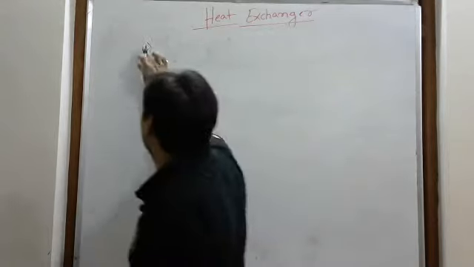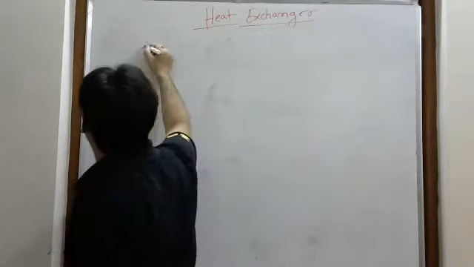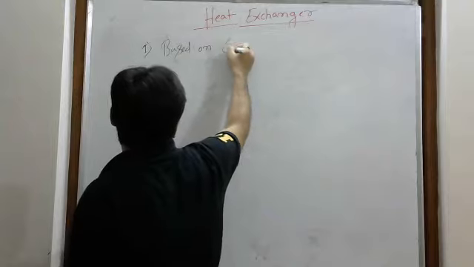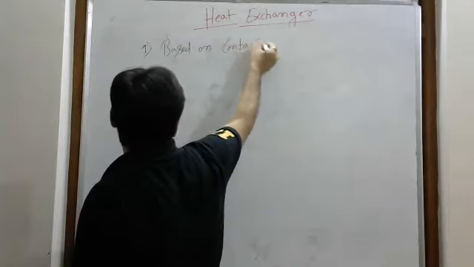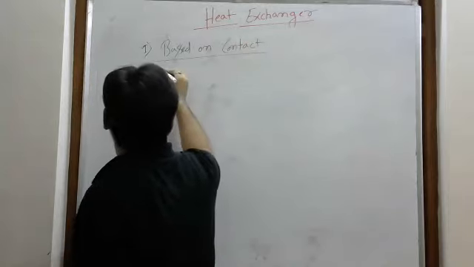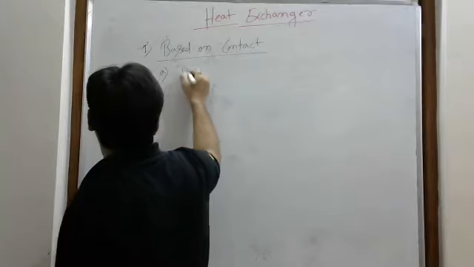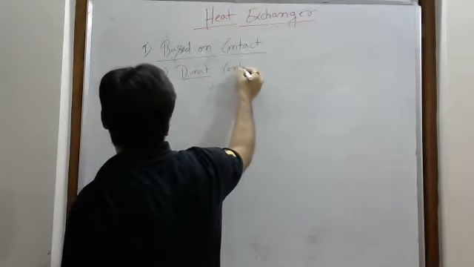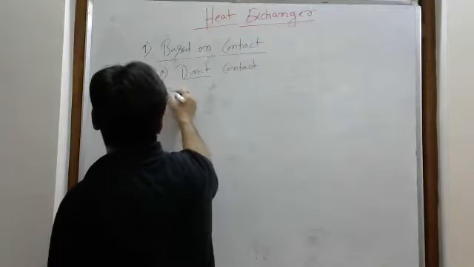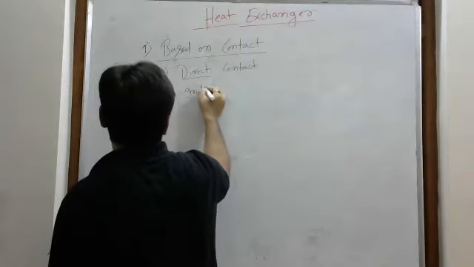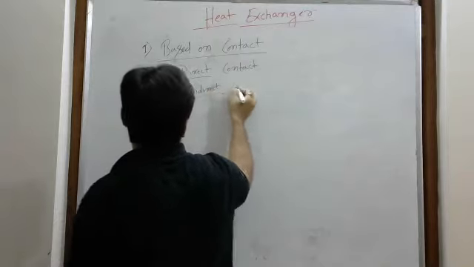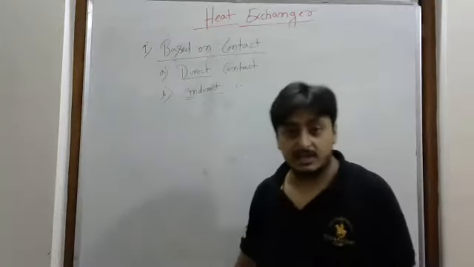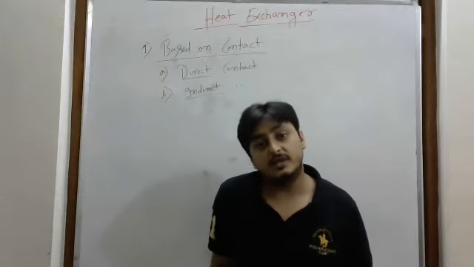First, type 1, based on contact. A is direct contact, and second, indirect contact type. First one is a direct type heat exchanger, and second one is indirect.